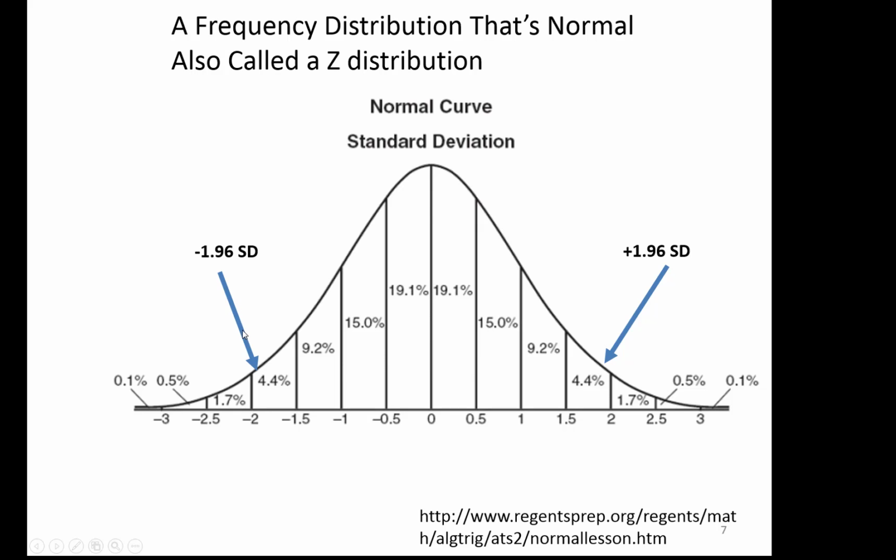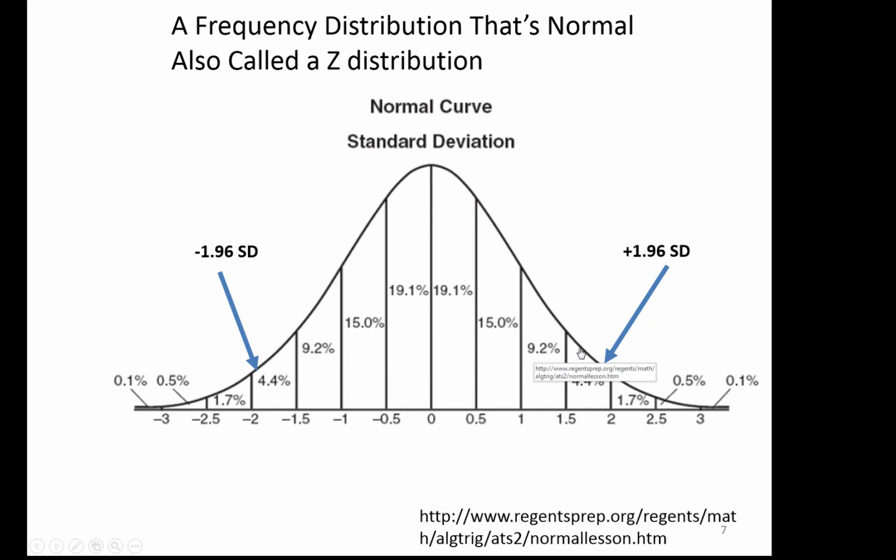Now I've put out here an indication of where 1.96 standard deviations is. 1.96 standard deviations happens to be the point at which, between -1.96 and +1.96 standard deviations in a normal distribution, 95% of the cases will fall between these two areas.